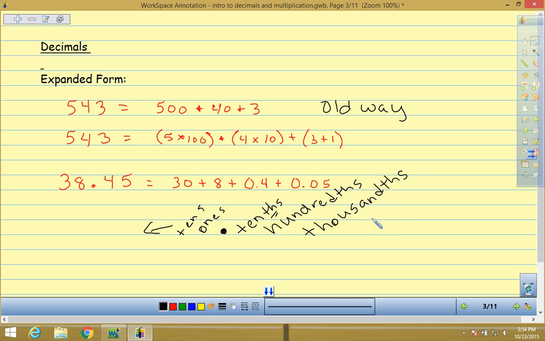And chances are you did not see this next place value, but we're going to see it in today's work. And this is the 10,000th place value. These are the 4 place values to the right of the decimal that we'll be working with in this unit.